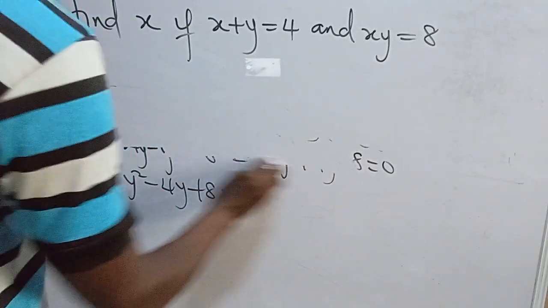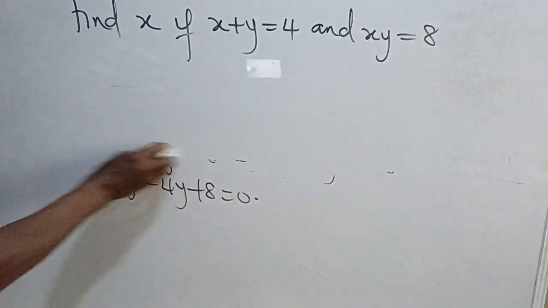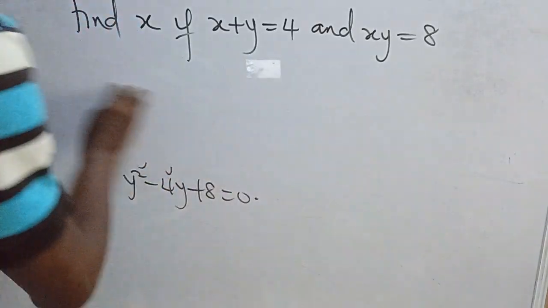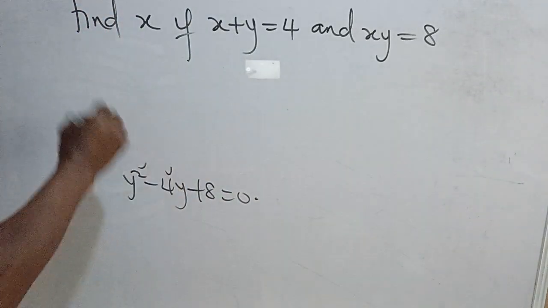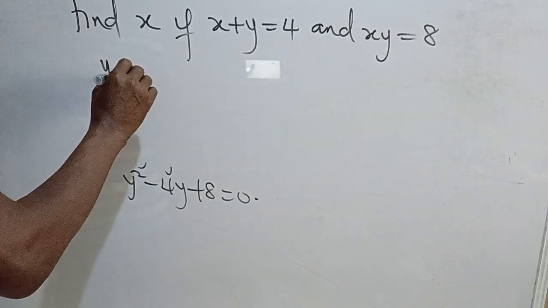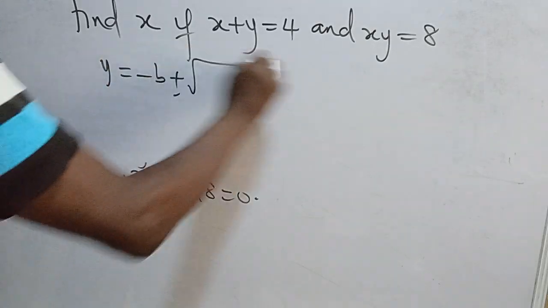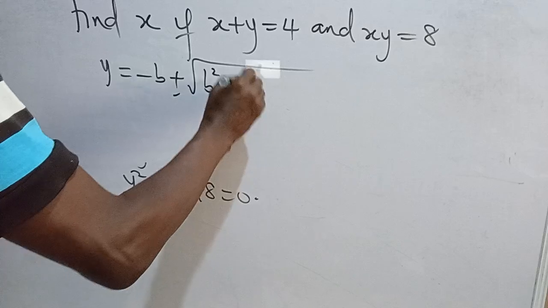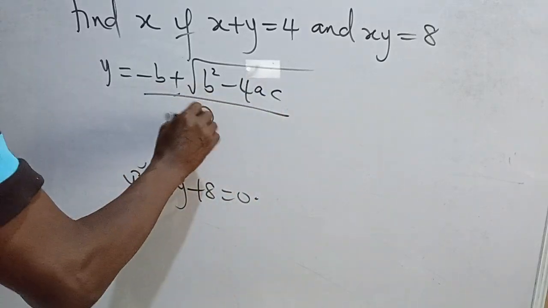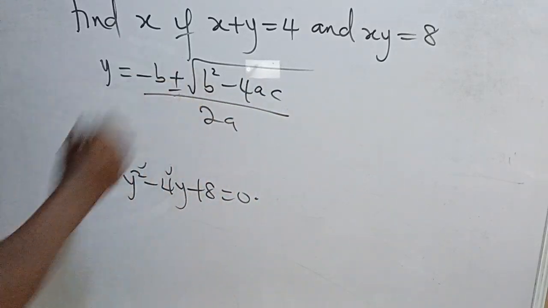Okay, so using the quadratic formula method, we have y equals minus b plus or minus the square root of b squared minus 4ac, all over 2a.